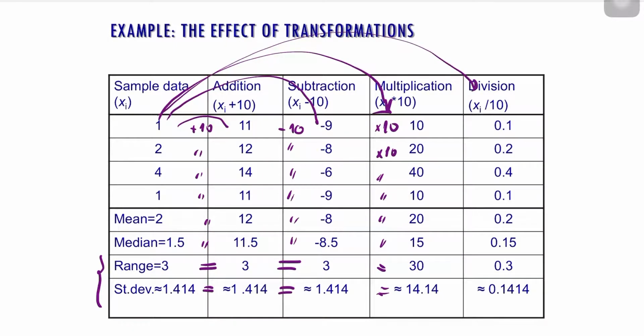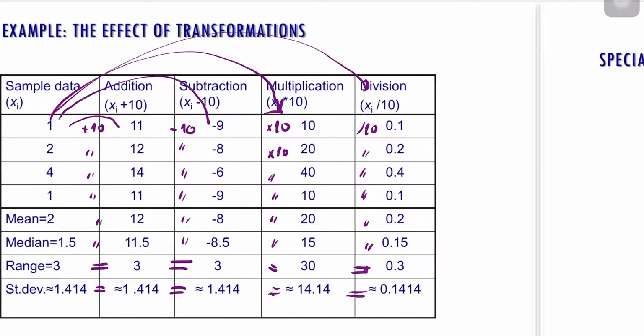And if we divide by 10, again we will see the mean and the standard deviation are the same and not affected. Then we can say if we have a set of data, we can add some fixed number or divide or multiply, and we can use this data.